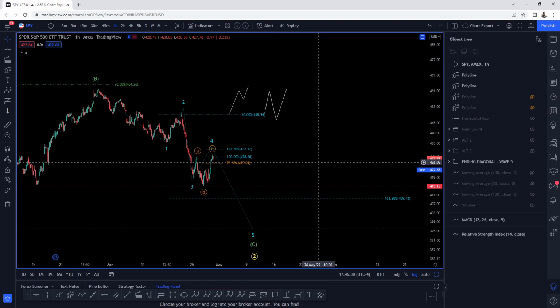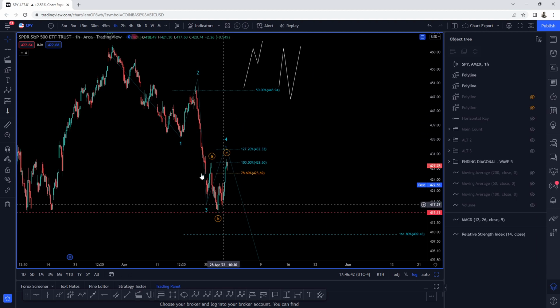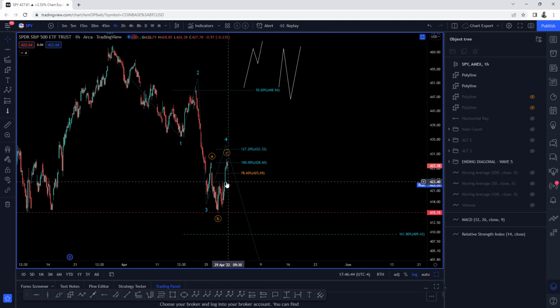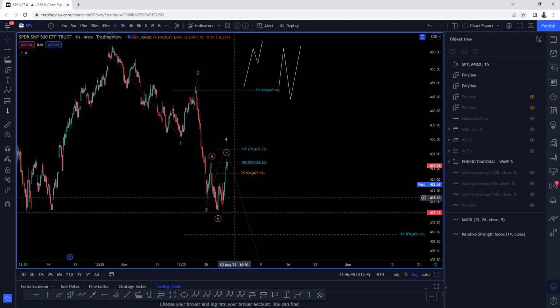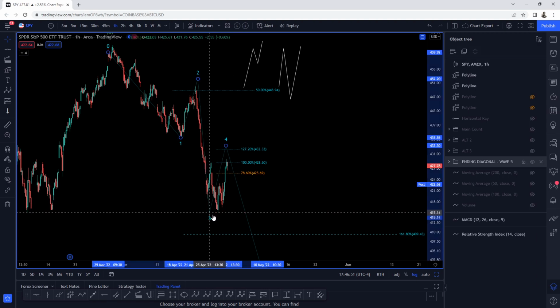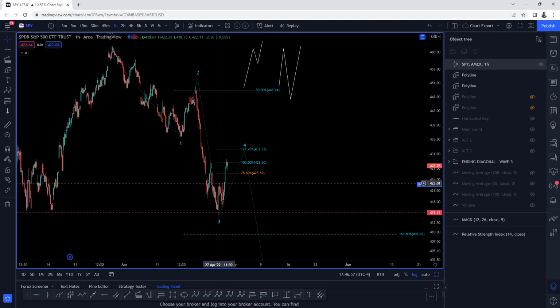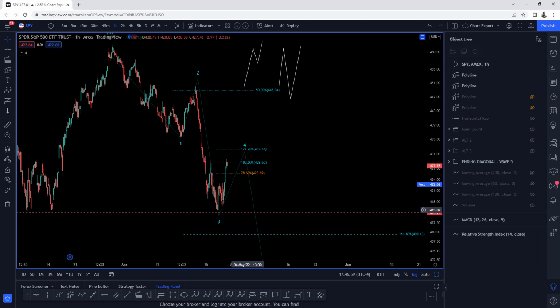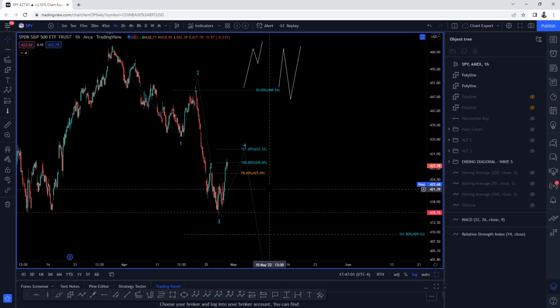So again, just to recap, we have evidence of alternation here in these two corrections. We have a zigzag and we have a flat correction. So it is likely that we are going to see further price action to the downside, unless we are looking at this wrong and this is the actual wave 3. All right, we have the first initial bounce into the wave 4. All right, 3 waves up, maybe 3 waves down, and then maybe it unfolds in a triangle. Who knows?